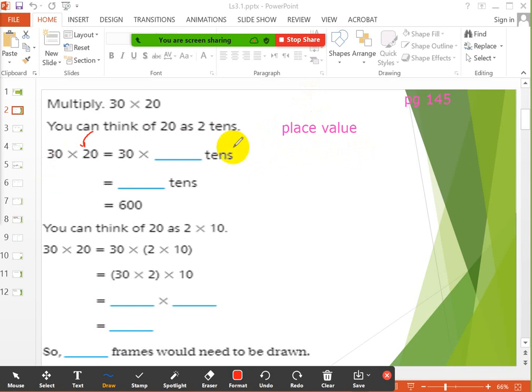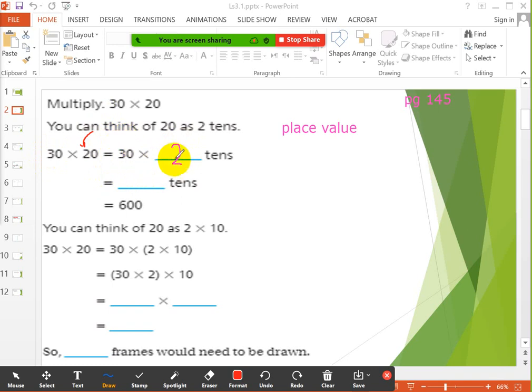So I will write the value of the number according to the digits. Here I have 2 in the tens digit. That means the value of the number is 2 tenths. According to 20 here, the value of the number is 2 tenths. It's easier for me to multiply 30 with 2 than 30 with 20.